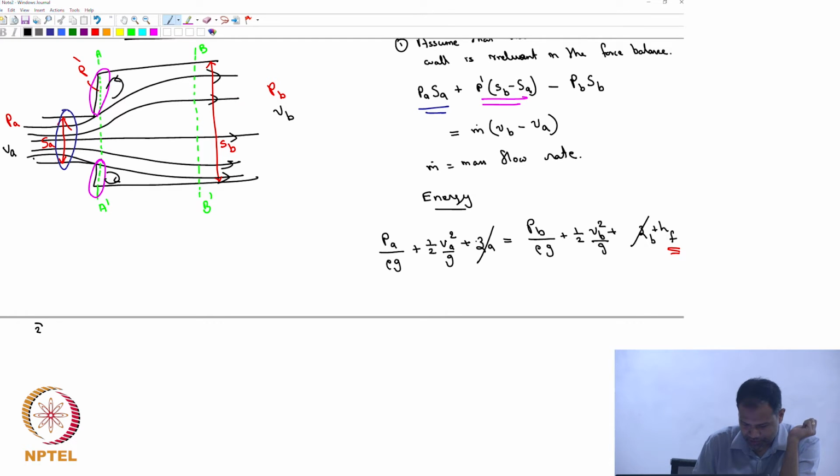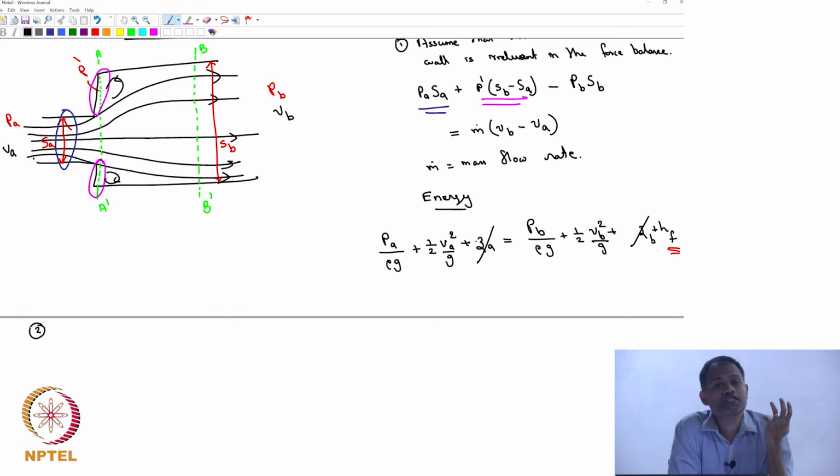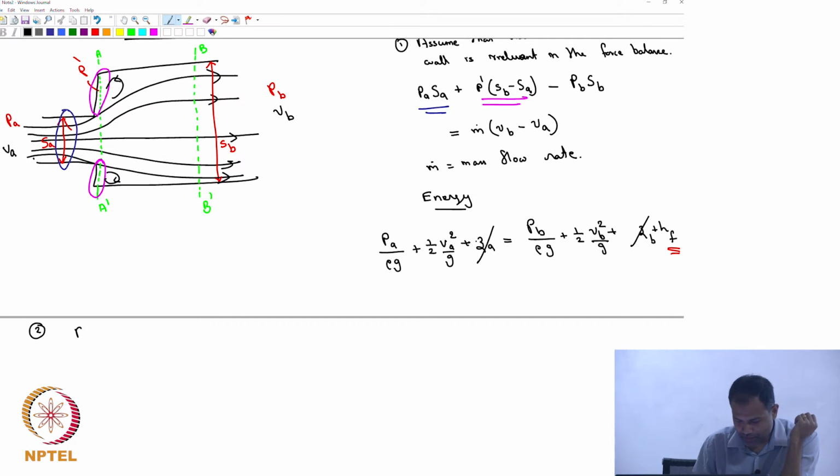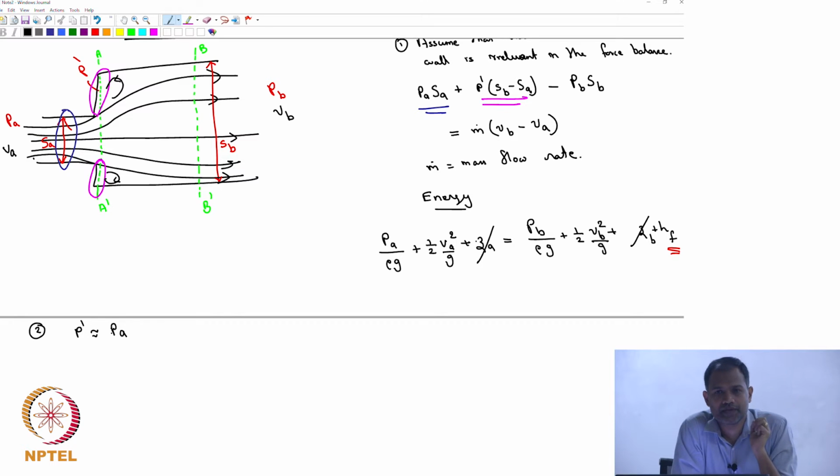The second assumption is that we don't know what P prime is, and I am going to claim that P prime is approximately equal to PA, that is the inlet pressure. Now if you ask me why we do that, we really do not know, but if you do experiments you find that it's very close, and the results that you get from this calculation also seem to validate this assumption. So that's the second assumption that is going in.